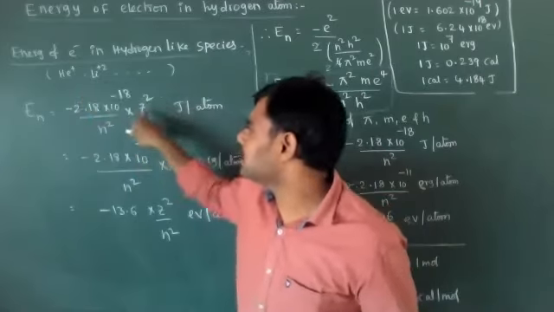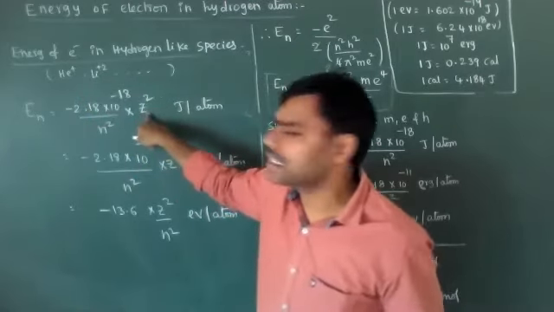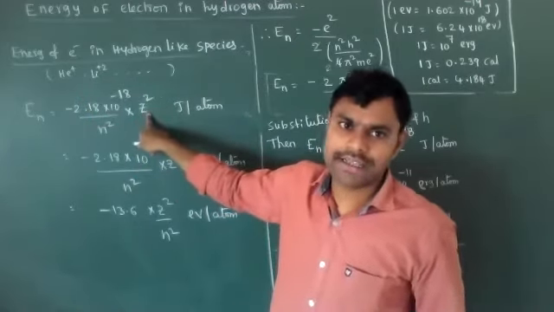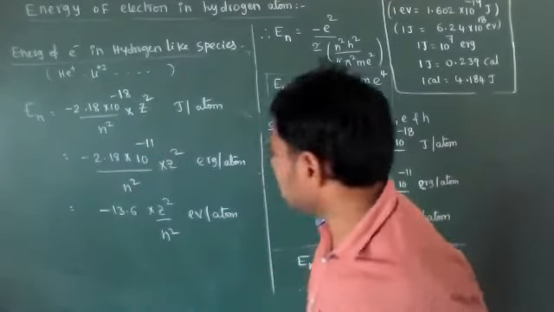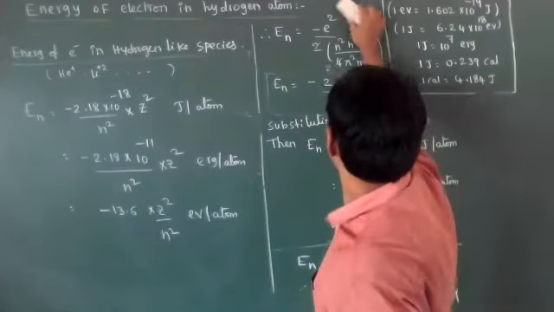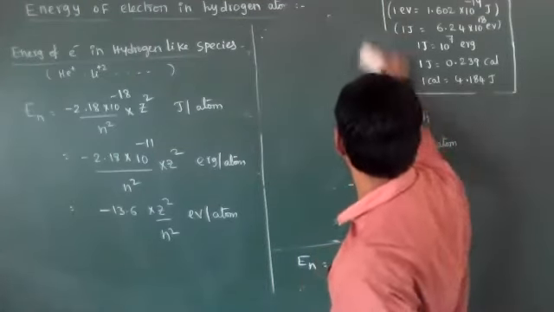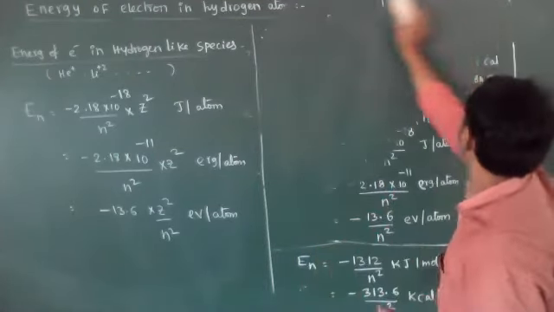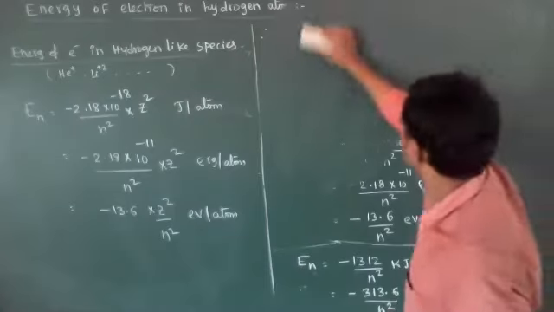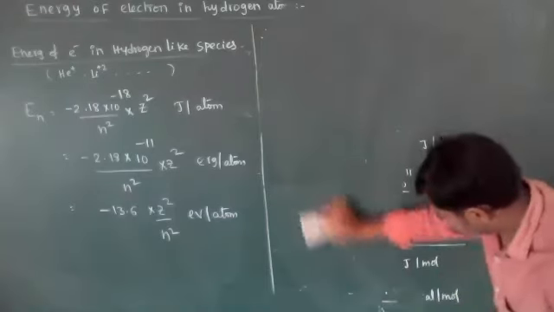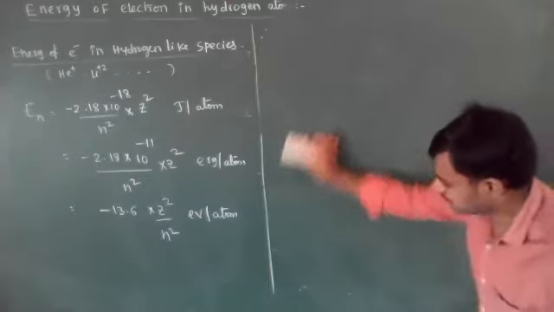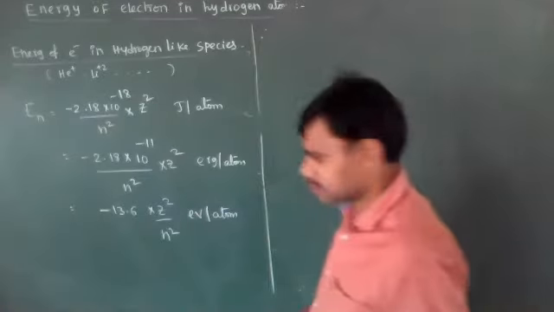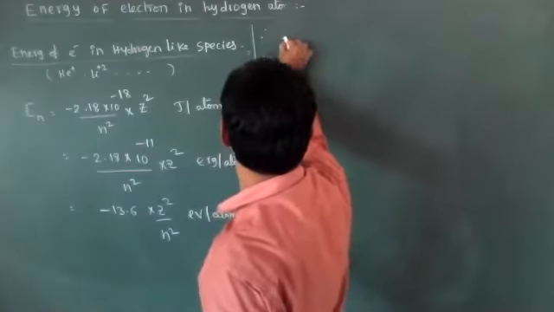For helium, Z is equal to 2. For lithium, Z is equal to 3. That is the energy of the electron. Let's calculate for hydrogen atom in terms of electron volts.